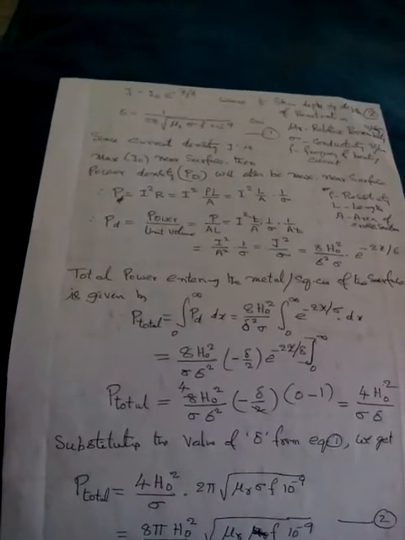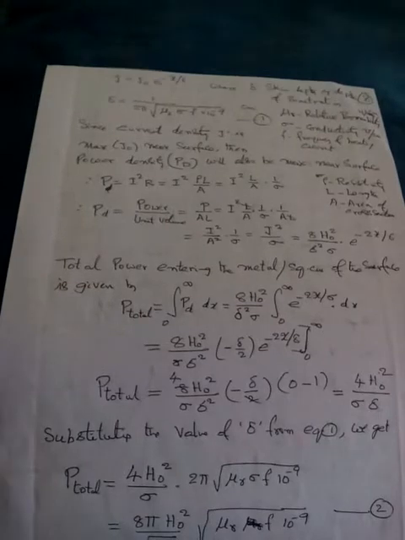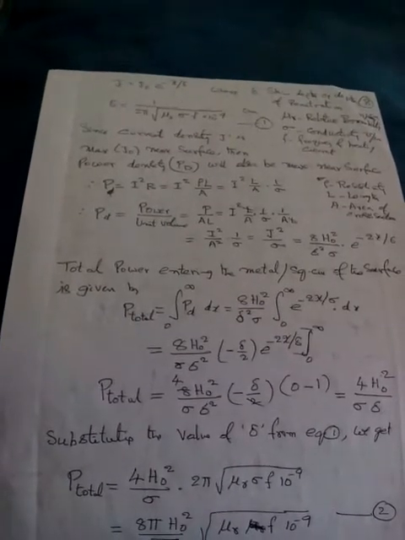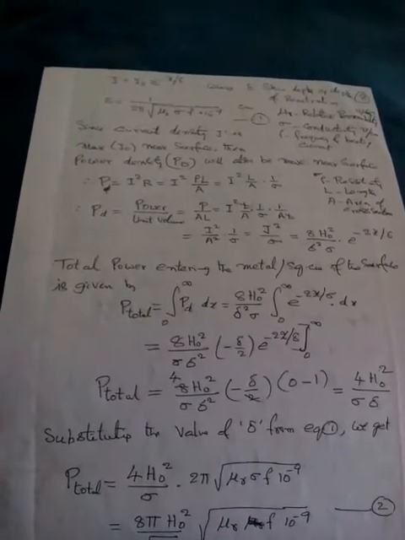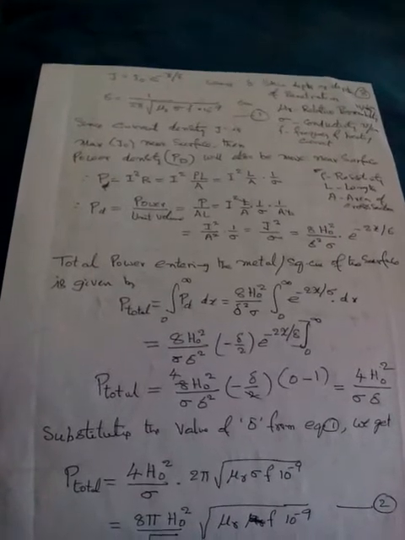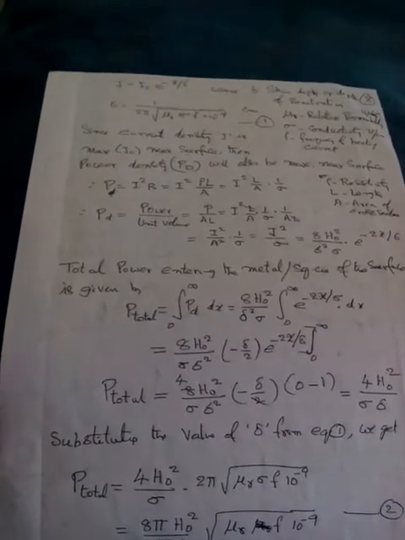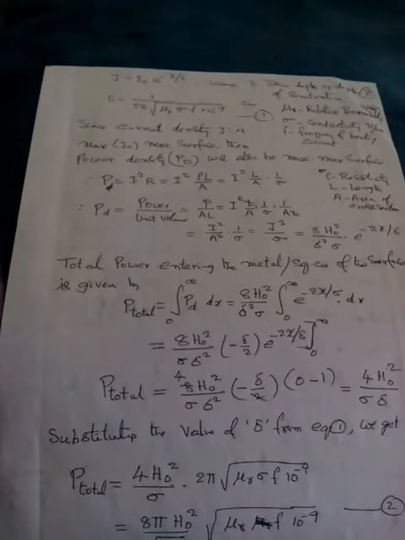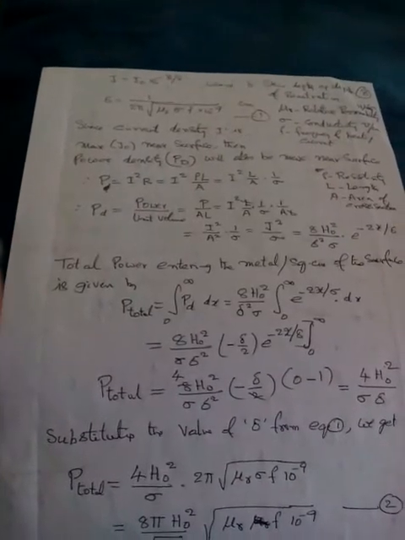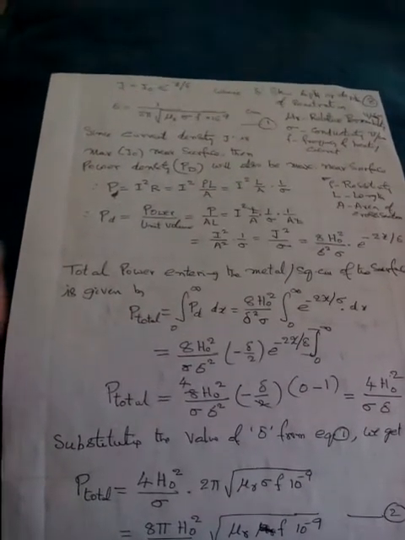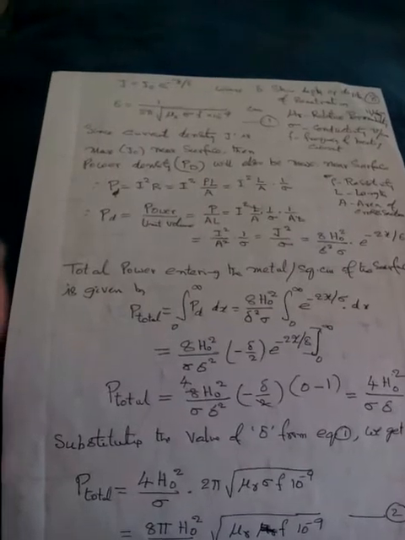So the total power entering the metal, which produces heat per square centimeter, is directly proportional to H naught square, inversely proportional to conductivity sigma, and also inversely proportional to skin depth.